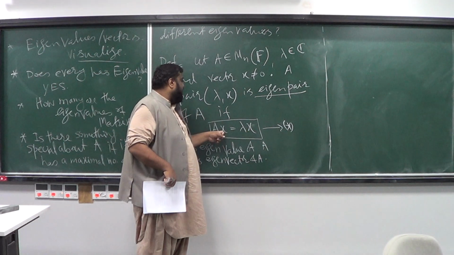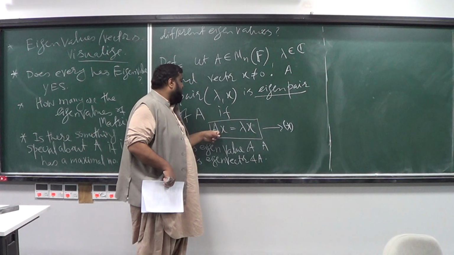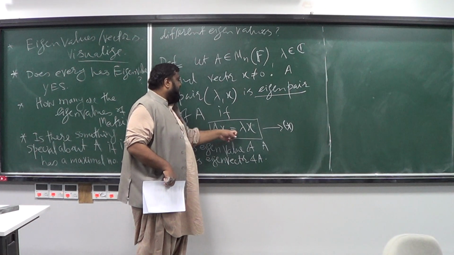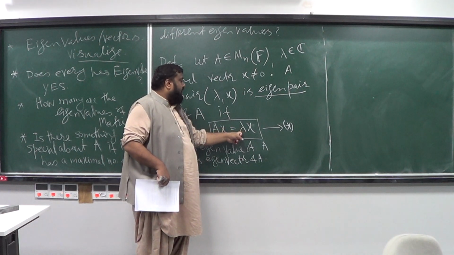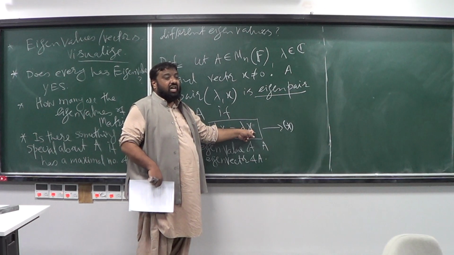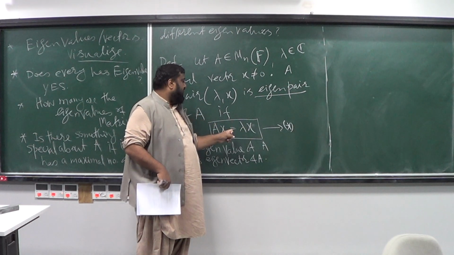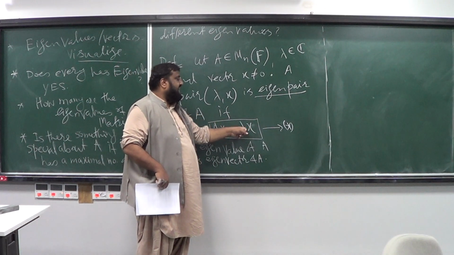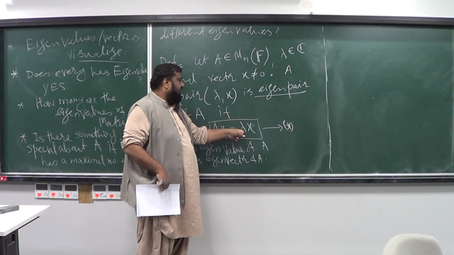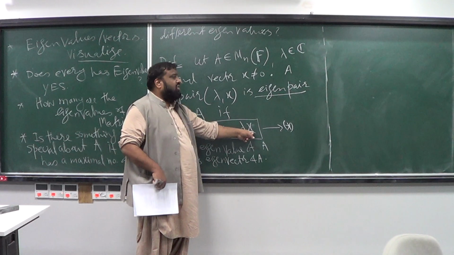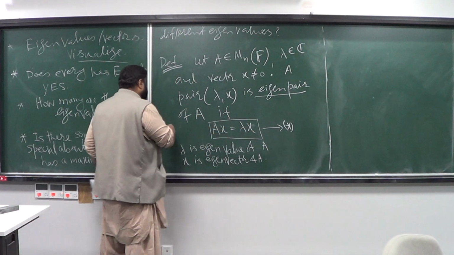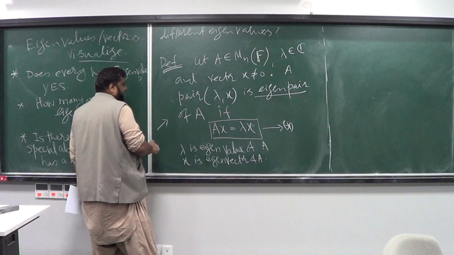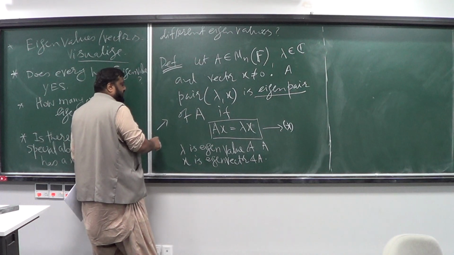So if you transform x under the matrix A, you can get twice this vector, or you can get half of the transformed vector. So it could be 1/2 x, it could be negative x, it could be 1/3 of x.